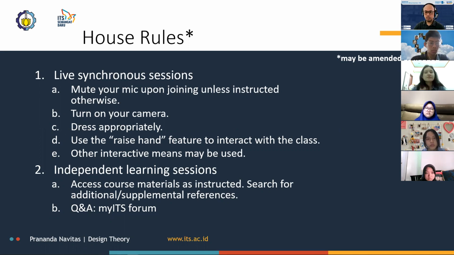Throughout the 16 weeks that we will be together, other interactive means will be used. Perhaps some of you are already familiar with the tools that I like to use for interactive sessions, such as Poll Everywhere. Outside of class, during the independent learning sessions, you may access course materials as instructed, or you may also search for additional or supplemental references.